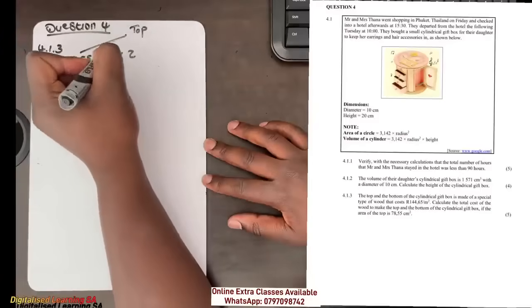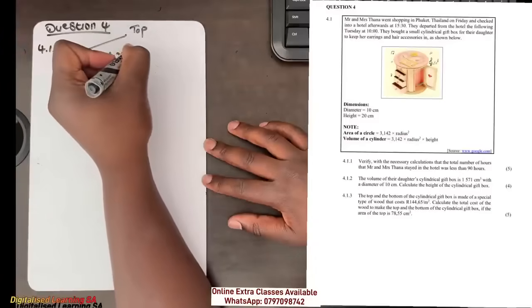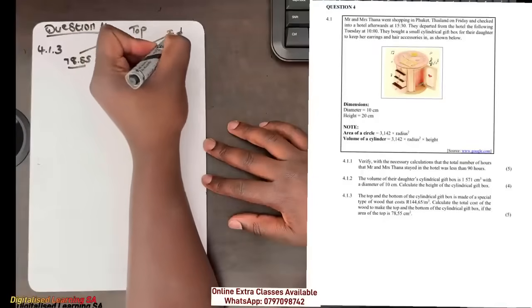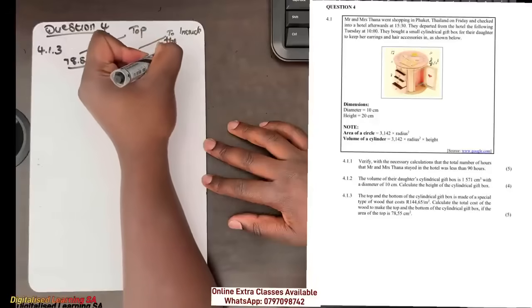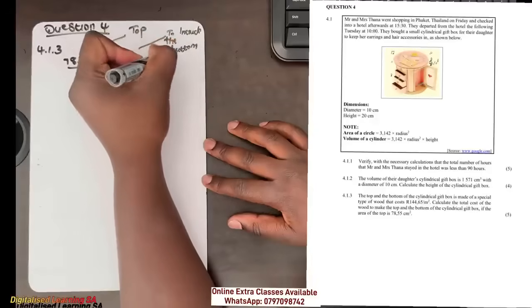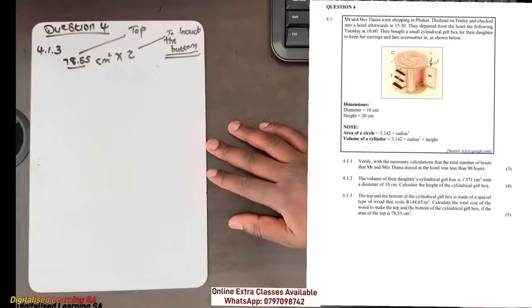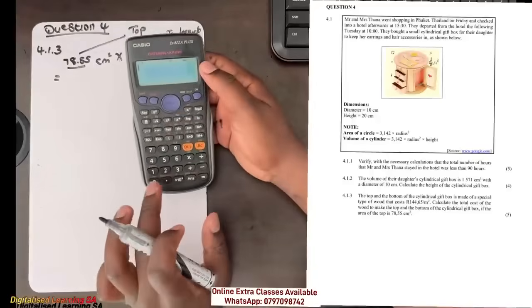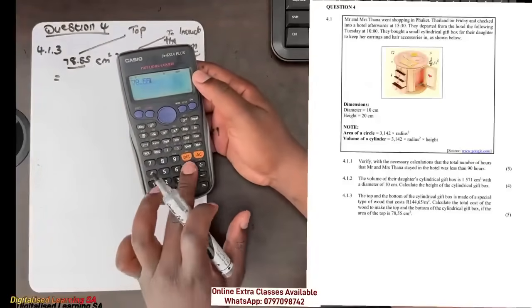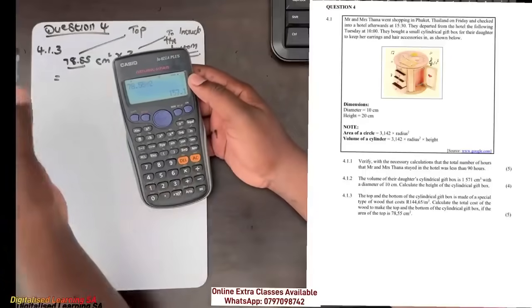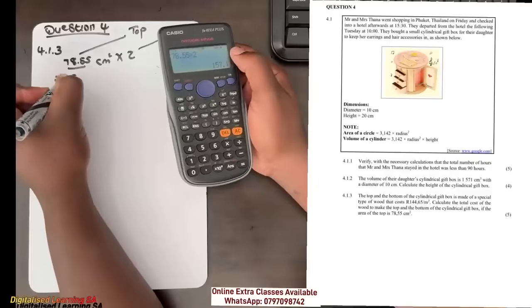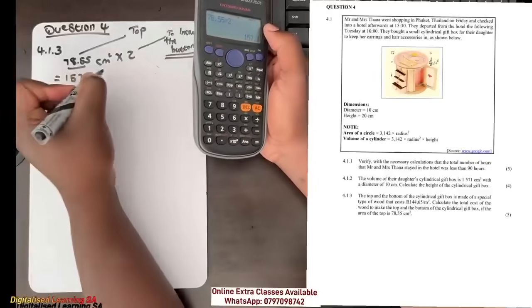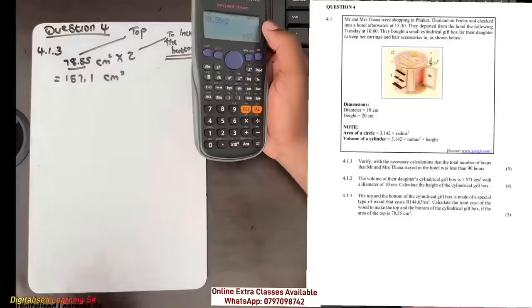If we want to also include the bottom, we need to multiply by 2. So let's see how much we'll get. 78.55 multiplied by 2, and our answer will be 157.1 centimeter squared.